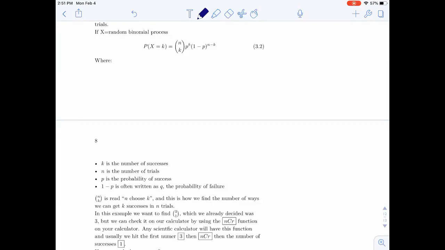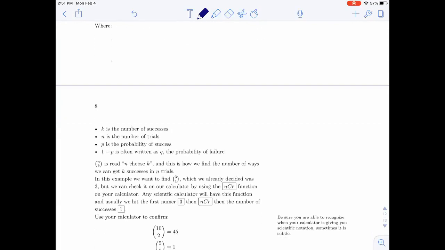So let's talk about this choose function. Every scientific calculator that I've come across has the choose function. And so it looks like this usually, or something like it. It has a value to the left, usually n, and then a capital C in the middle, and then a lowercase r, or sometimes it's k.